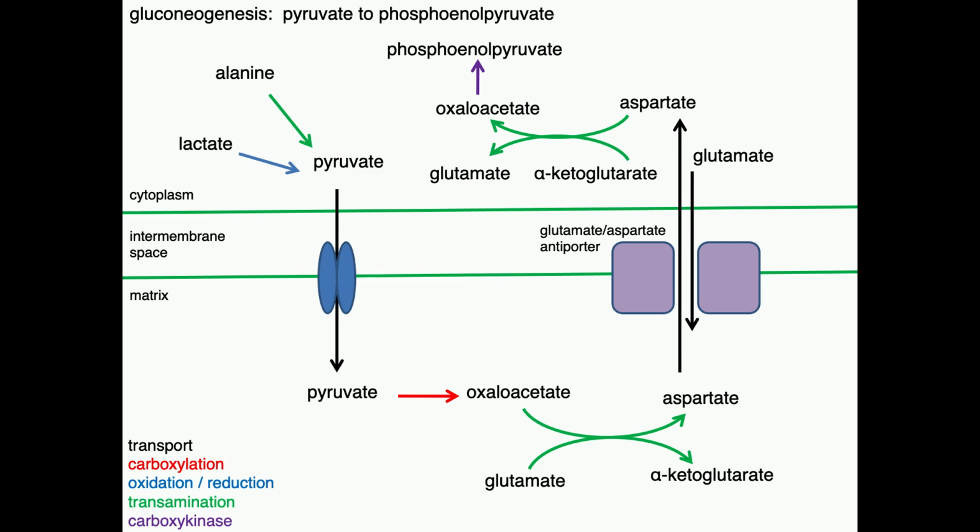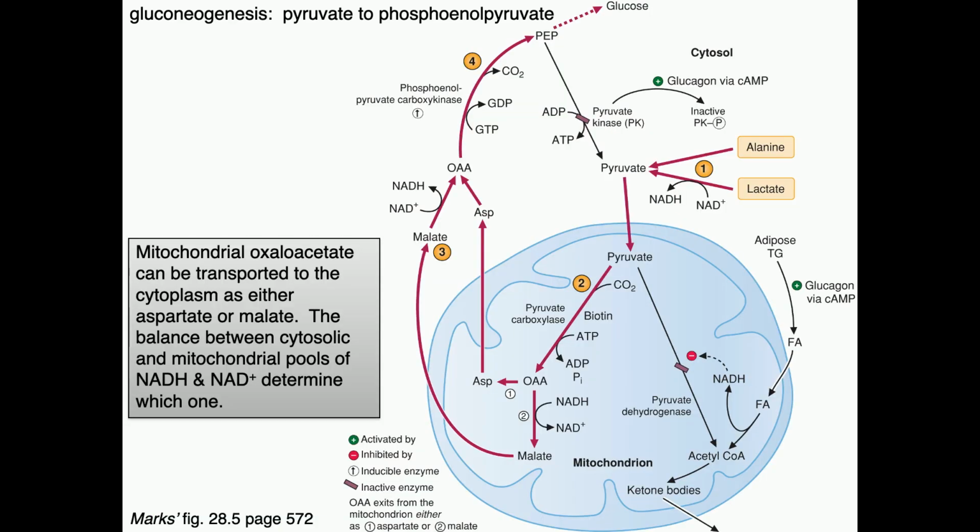So one way to get oxaloacetate out of the mitochondria is to convert it into aspartate. The other way is to convert it into malate. So oxaloacetate could be a substrate for malate dehydrogenase. And remember, if we're in a high fatty acid beta oxidation environment, we're having a lot of NADH around, so that's going to promote the malate dehydrogenase running in reverse and generating malate.